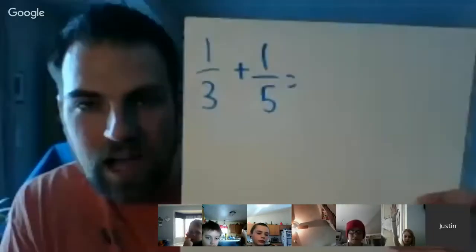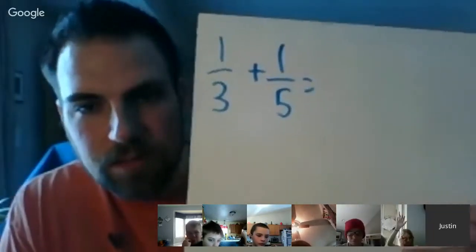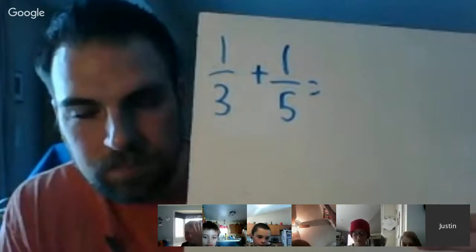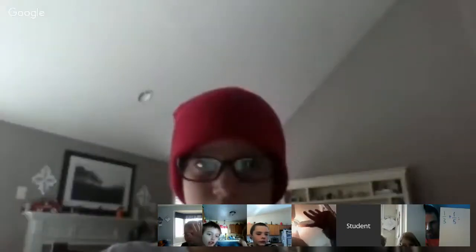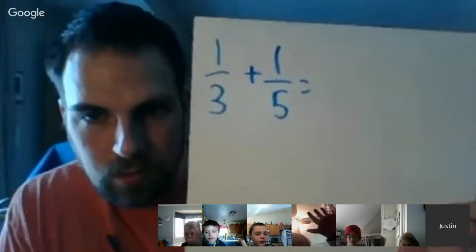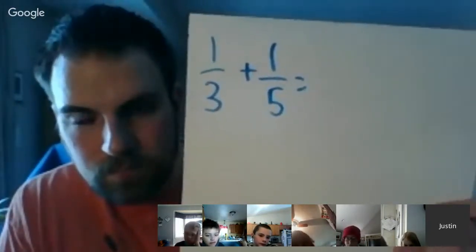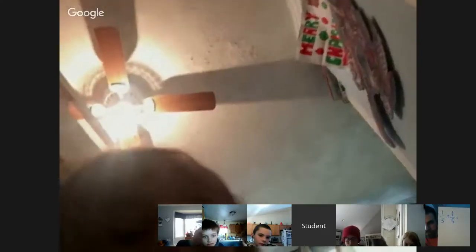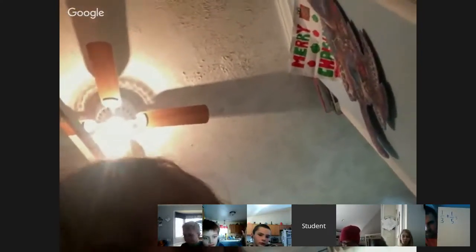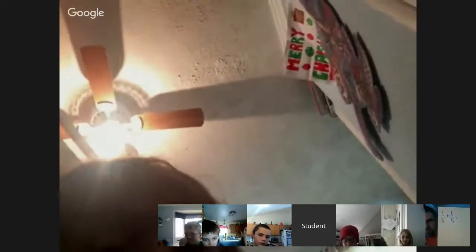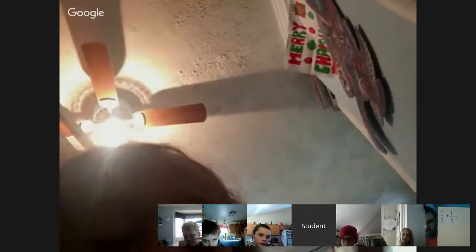And when we have like denominators, do we add or subtract those? Let's go, Rebecca. When you have like denominators, you leave them the same, you just move them over.